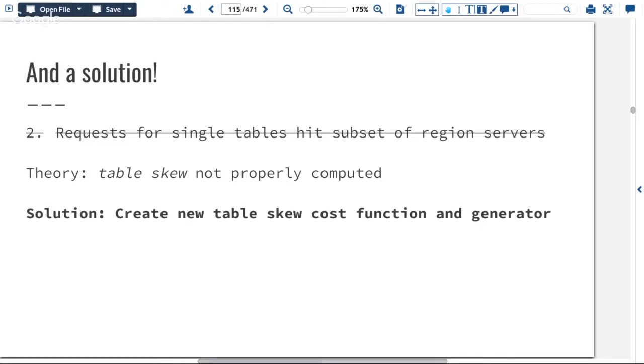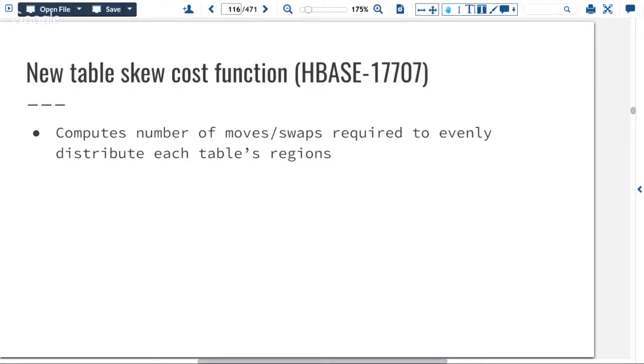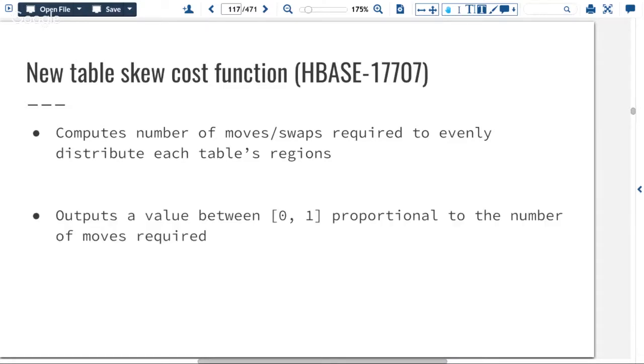And so our solution was to go ahead and create a new table skew cost function and candidate generator. Basically, this new table skew cost function computes the number of moves or swaps required to evenly distribute each table's regions. It outputs a value between 0 and 1 proportional to the number of moves required.